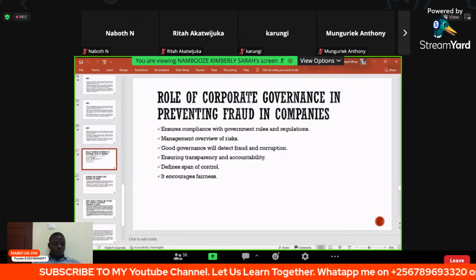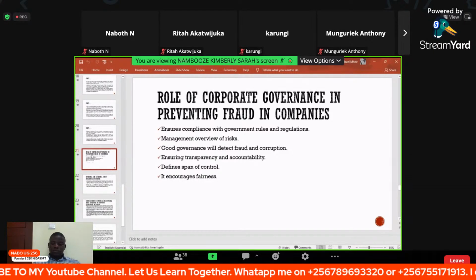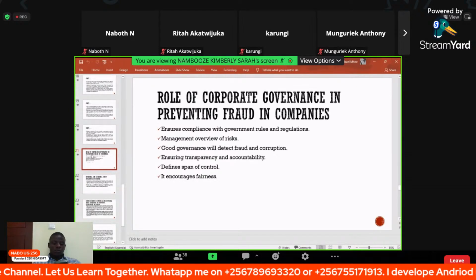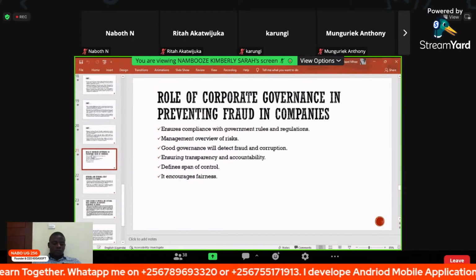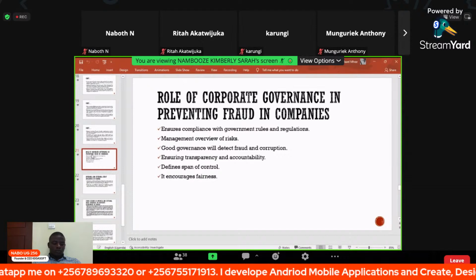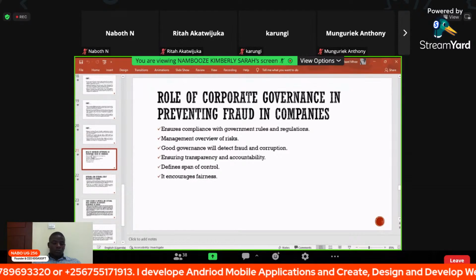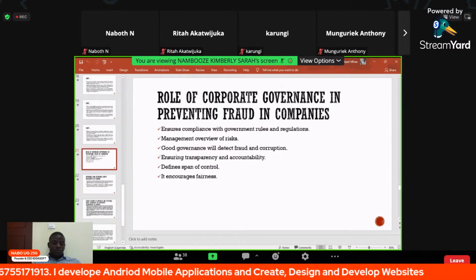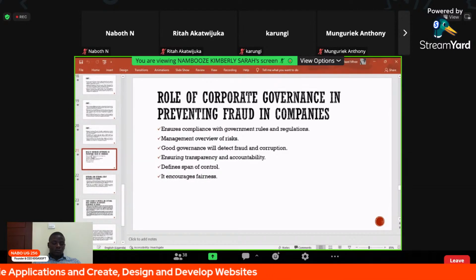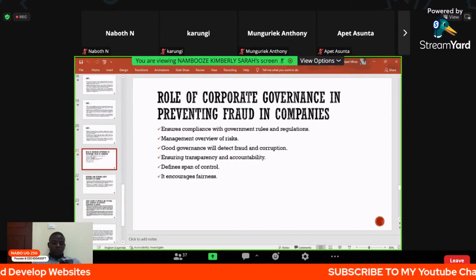Good governance will detect fraud and corruption. Next point is ensuring transparency and accountability. It defines span of control, as we have been mentioning, and it is good to have independent board members separate from executive committees and other stakeholders. Lastly, it encourages fairness.